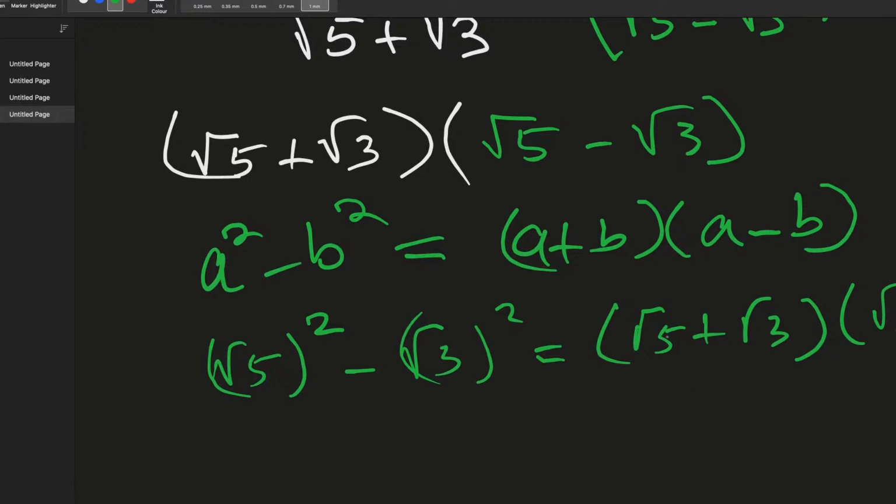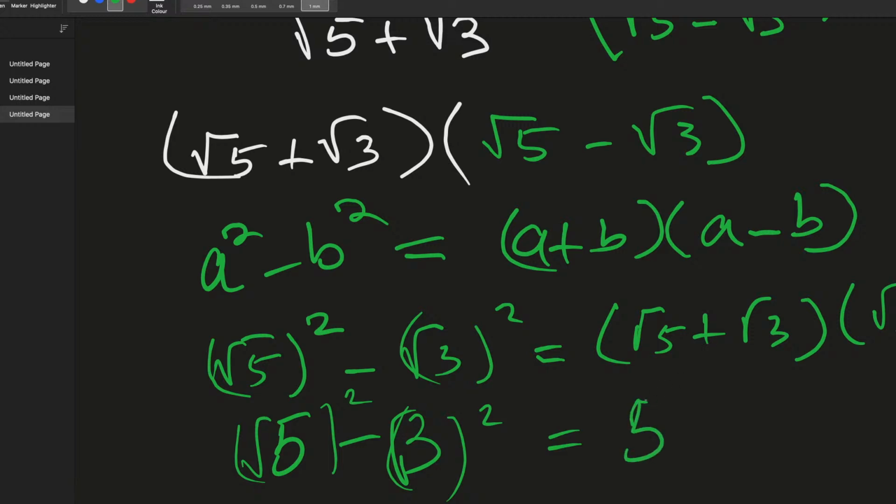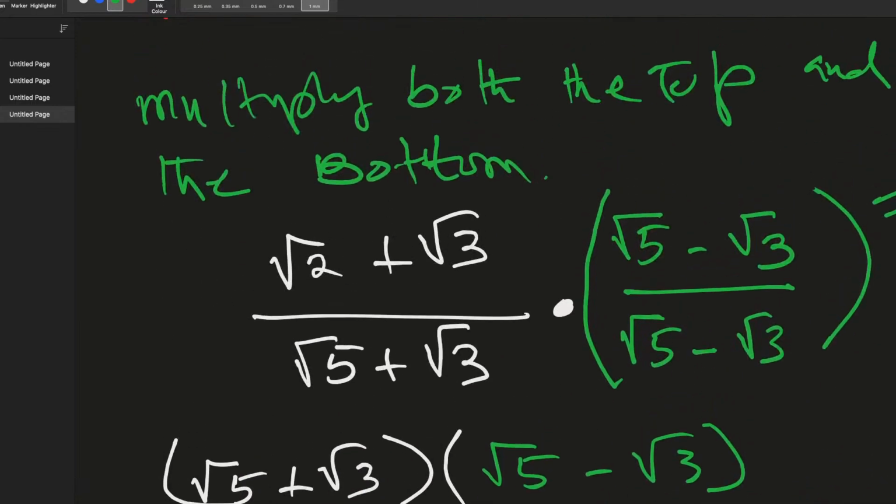When we square this, we are going to get 5 minus 3. And that is equal to 2. So we have already solved the bottom one, as you can see. We always square the first one, and we subtract the square of the second one. So our problem at the bottom is solved.